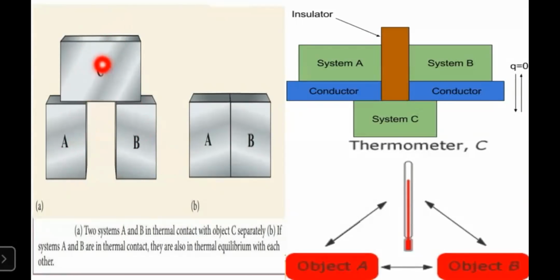After removing the thermometer from bowl A, I am immediately putting it in bowl B. That contains water, but there is no change in the temperature of the thermometer when I put it in bowl B. That means you can directly say A and B are in thermal equilibrium. So this is about the zeroth law of thermodynamics. Any doubts? No doubts?